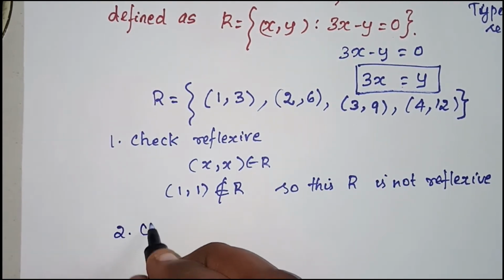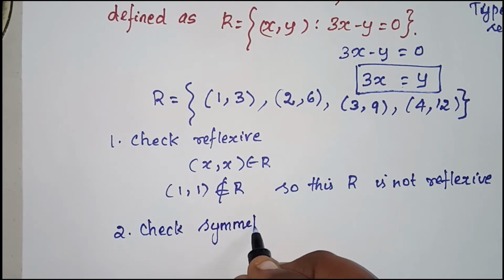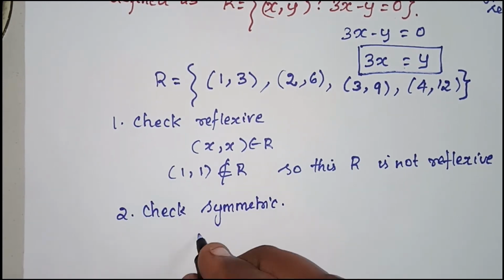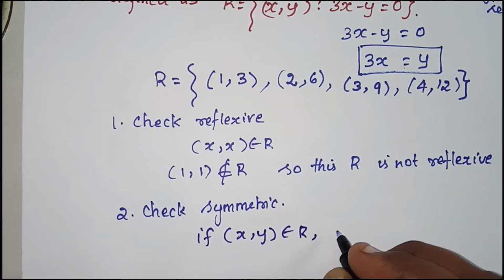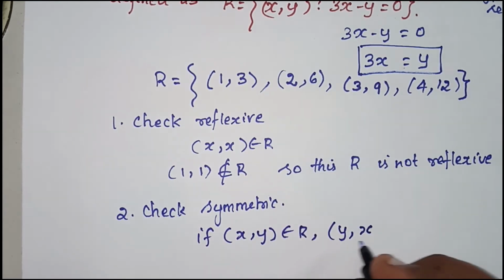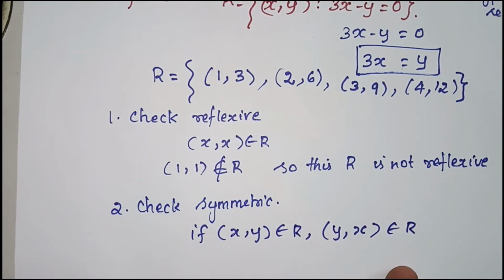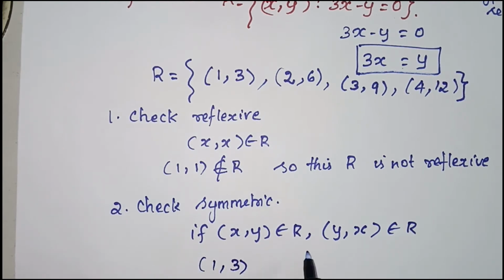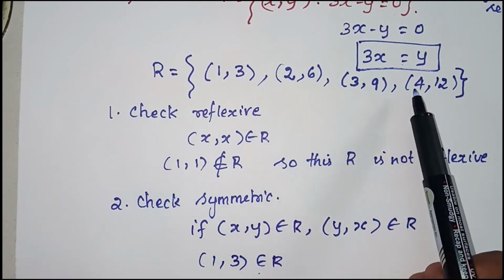So we checked the reflexive property. Next, symmetric property. What is meant by symmetric property? If (x, y) belongs to the relation, then (y, x) also belongs to the relation. This is the property of symmetry. So we can take (1, 3). (1, 3) is available in the relation, right?